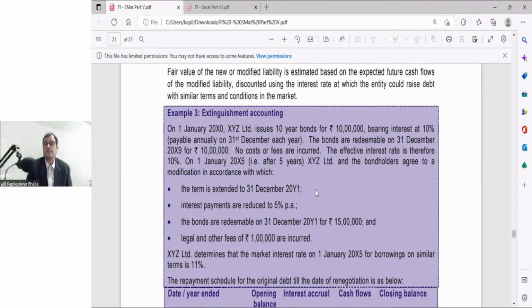We're very safe. Let me ask you something. Since the contracted rate is 10% and the effective interest rate is also 10%, it is very clear that this transaction is at market terms. The transaction value and the fair value seem to be 10 lakh rupees. And there is no concept of any transaction cost or processing fee, which does not trigger the need to calculate any new EIR as well.